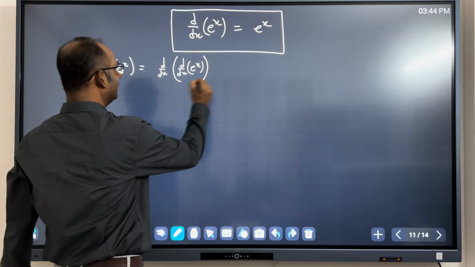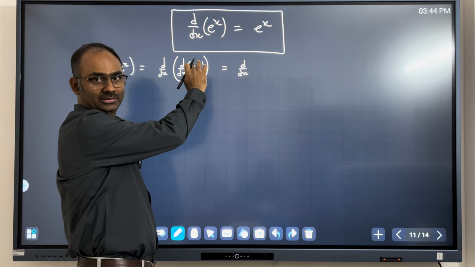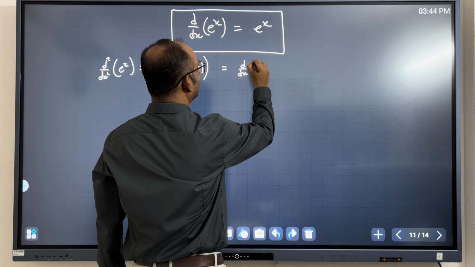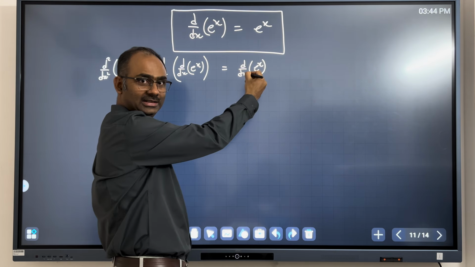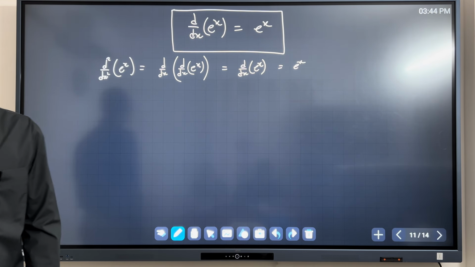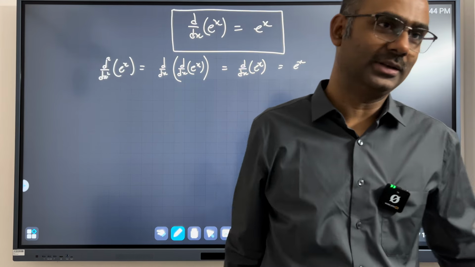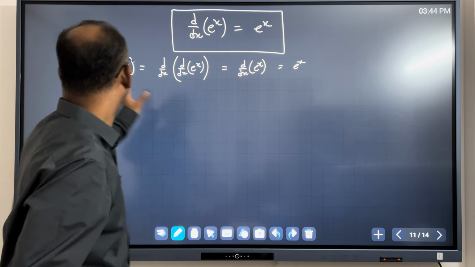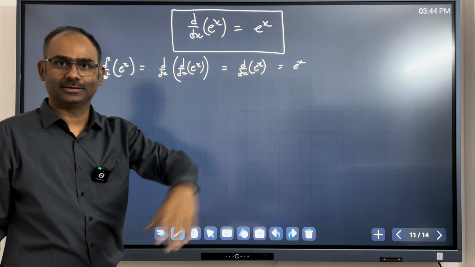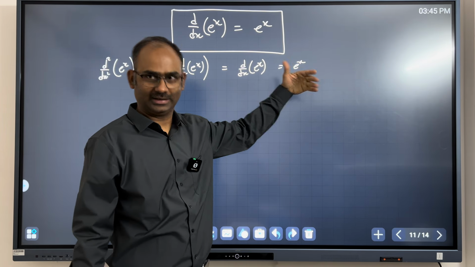But the first derivative gives you again e to the x, and differentiating this gives you again e to the x. So differentiating twice gives you the same thing. And if you differentiate it again, that will be the third derivative, and that again gives you e to the x.